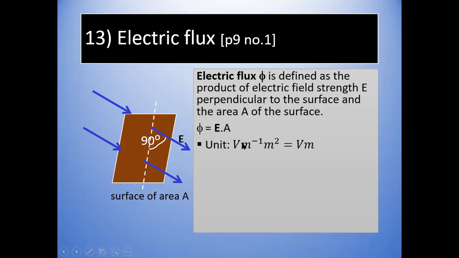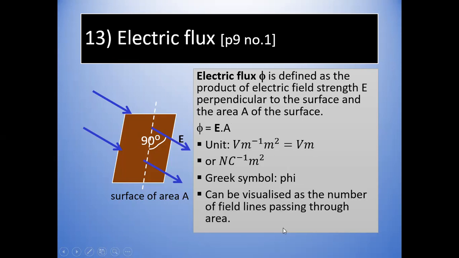The unit of E is volt per meter, A is meter squared, so you get volt meter. Or if you use newton per coulomb times meter squared, that's the alternative unit. The symbol is phi. You can visualize flux as the number of lines passing through this area.